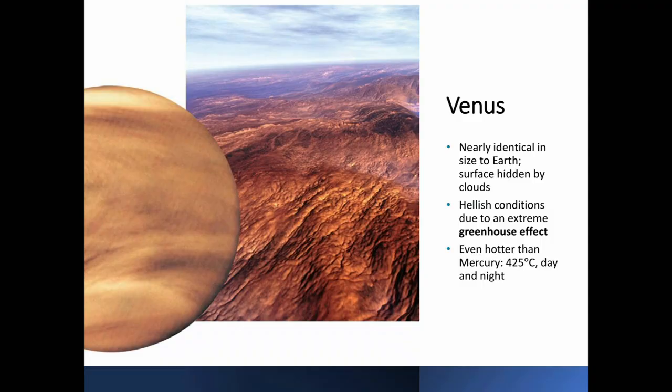So even though Venus is the second closest to the sun, it's actually the hottest planet.